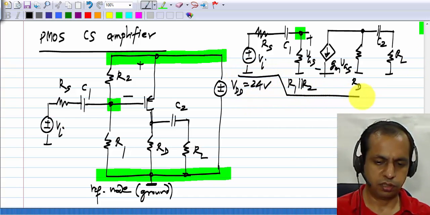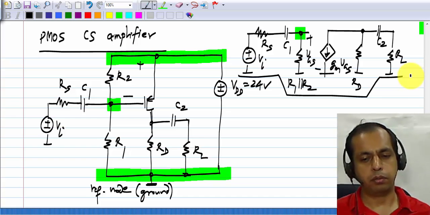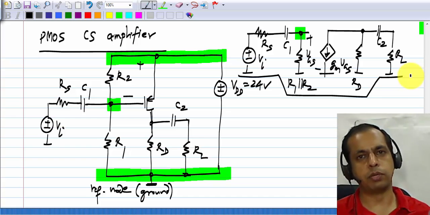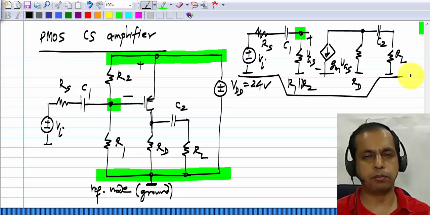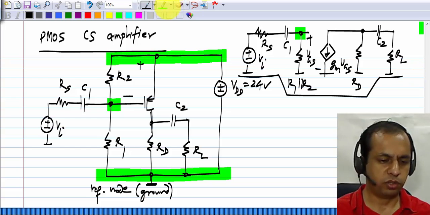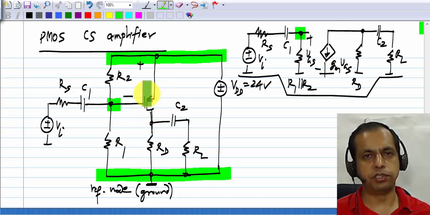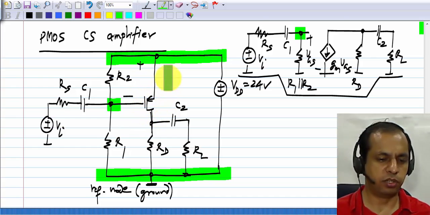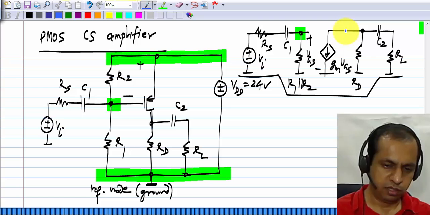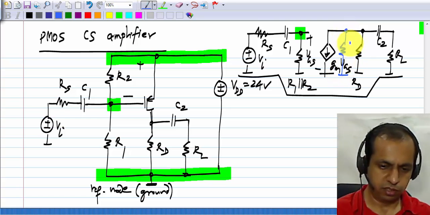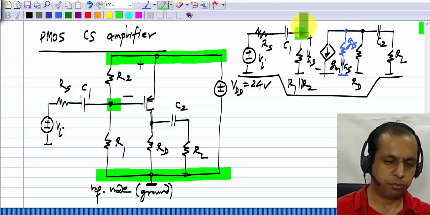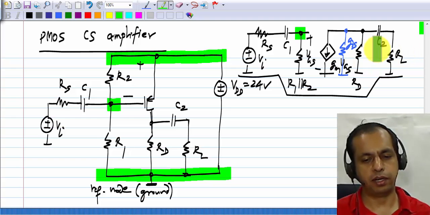So this is the incremental picture of the PMOS common source amplifier, and you can see that it is exactly the same as that of the NMOS common source amplifier. And also, if the PMOS transistor has non-zero lambda, it will have a non-zero output conductance, and that is included over there. As usual, it just appears in parallel with RD and RL.